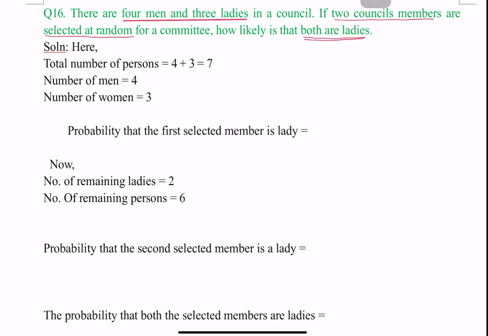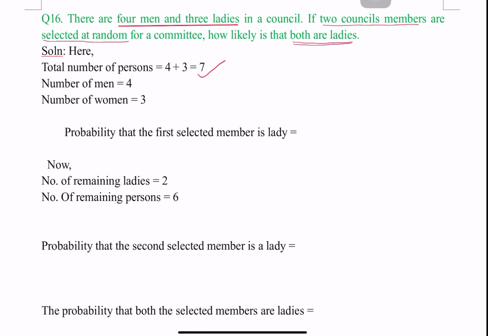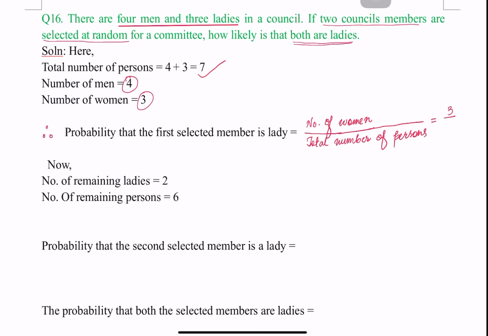What is the total number of persons here? 4 men and 3 ladies means we have 4 plus 3 is equal to 7. Number of men equal to 4, number of women equal to 3. Therefore, let us find the probability that the first selected member is a lady. We know the formula for probability: number of favorable outcomes for lady, or number of women, divided by total number of persons, equal to 3 by 7.